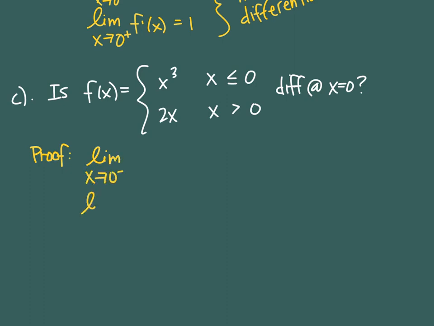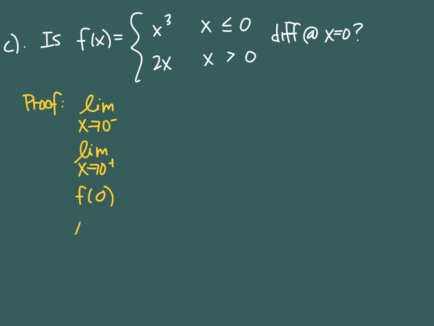So we're going to look at our 5 criteria: the proof of the limit to the left and right, as well as the point itself. And we're going to look at the proof of the limit of the derivative to the left and the right. F prime.